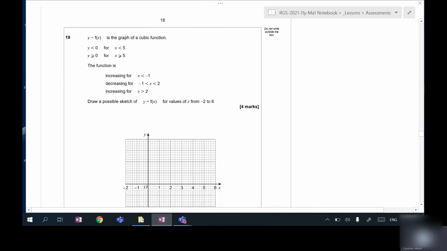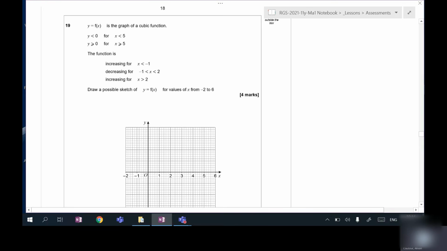Okay, so we've got f(x) is a cubic function, and it's talking about where it's increasing, decreasing, and increasing. So draw a possible sketch from -2 to 6. Remember the general shape of a cubic function is like that, or obviously if it's negative, it could be like that.